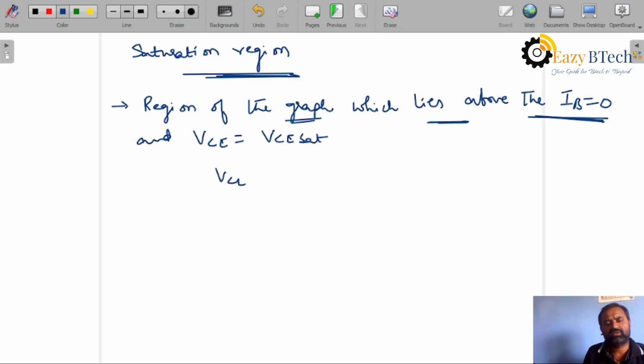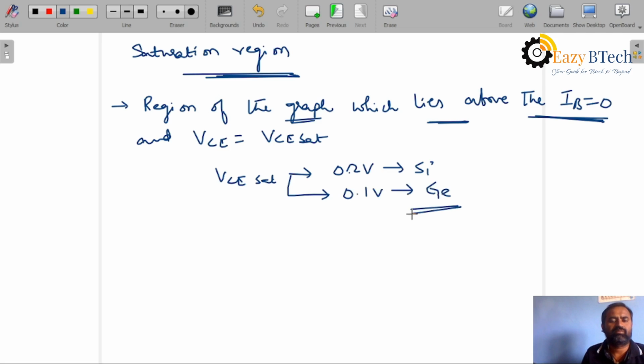Always remember VCE sat is 0.2 volts for silicon. VCE sat is 0.1 volt for germanium. Okay, this is about the saturation region.